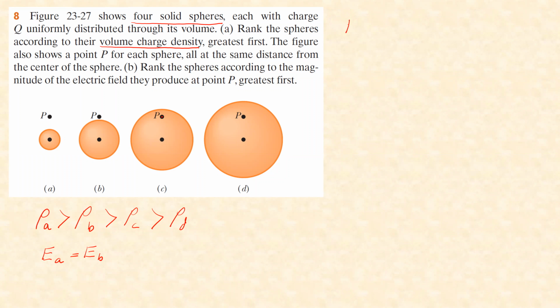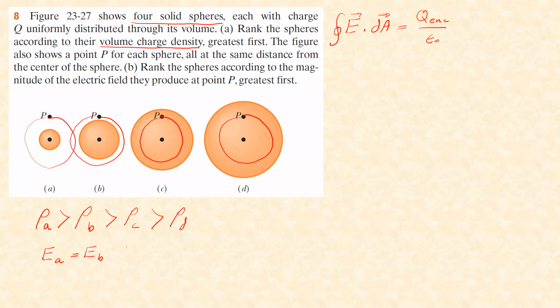You can use Gauss's law, integral E dot dA equal to Q enclosed divided by epsilon naught for a Gaussian surface. If you use a Gaussian sphere here at the radius R for all of them, what do you get?